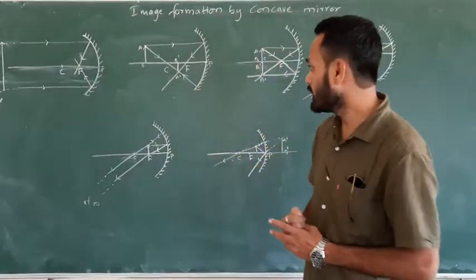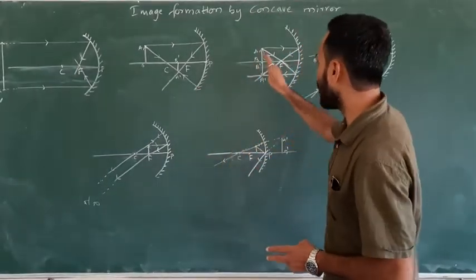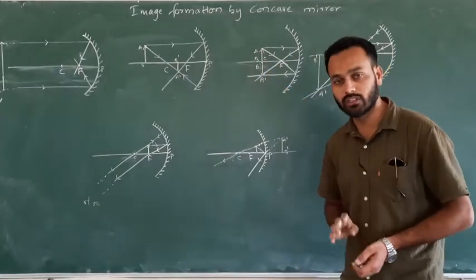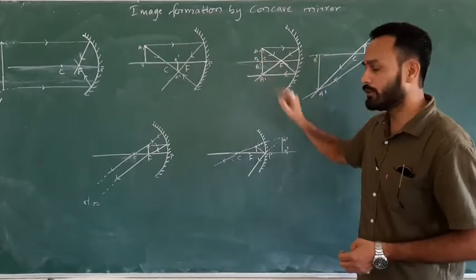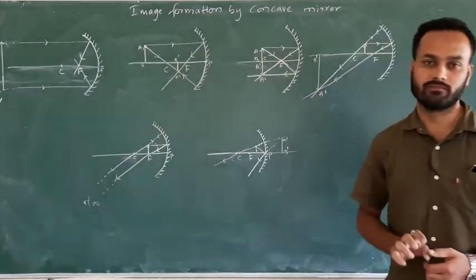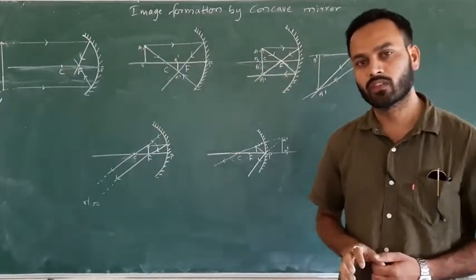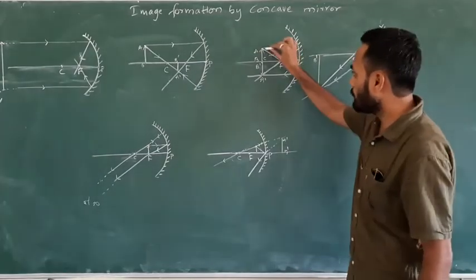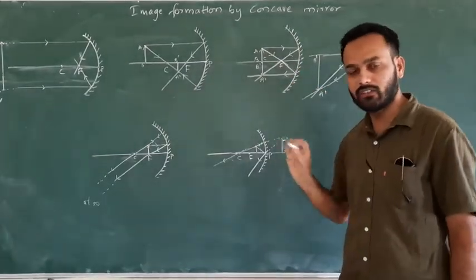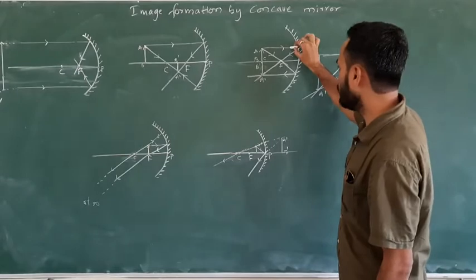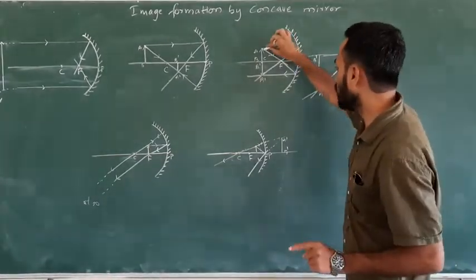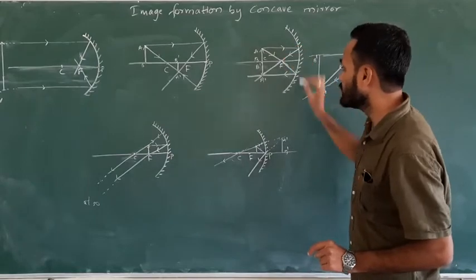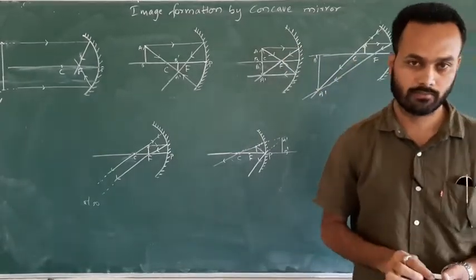Now let us place the object at C. Coming to the third ray diagram, you could see here the object AB is placed at C, that is the center of curvature. When the object is placed at C, one ray will be moving parallel to the principal axis and another ray of light will pass through the principal focus.